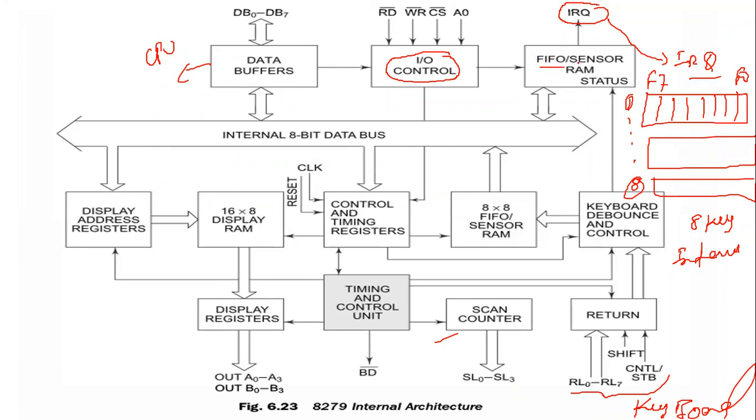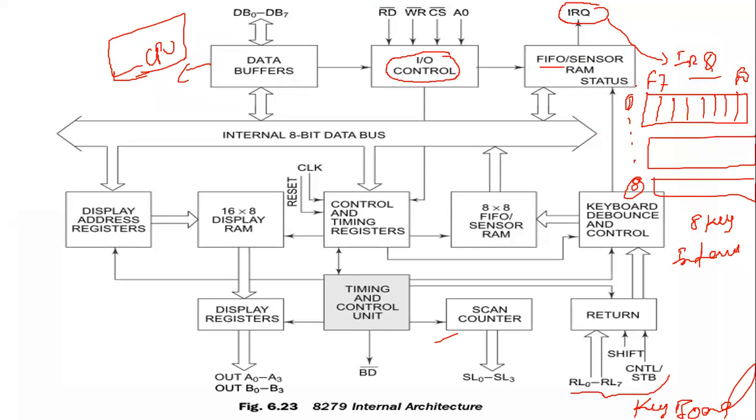How does the microprocessor know whether this sensor has information? The sensor sends a signal to the CPU: I have some key information. So it sends the request to the microprocessor. If that request is accepted, the microprocessor takes this key information.